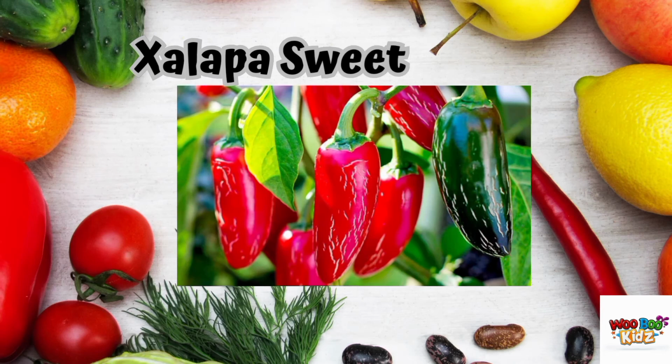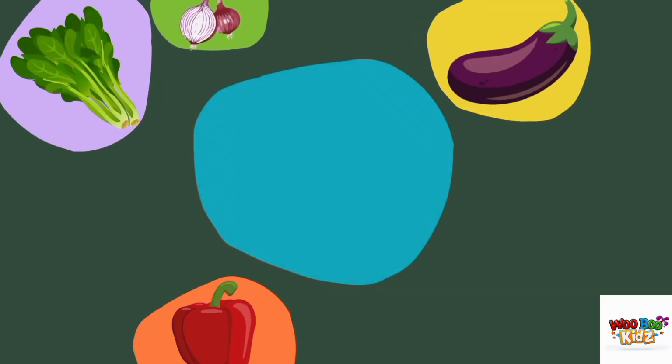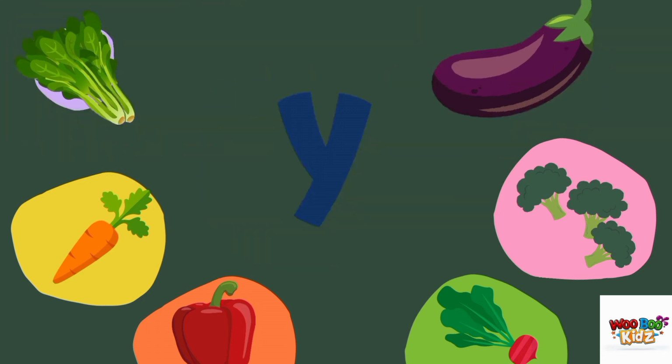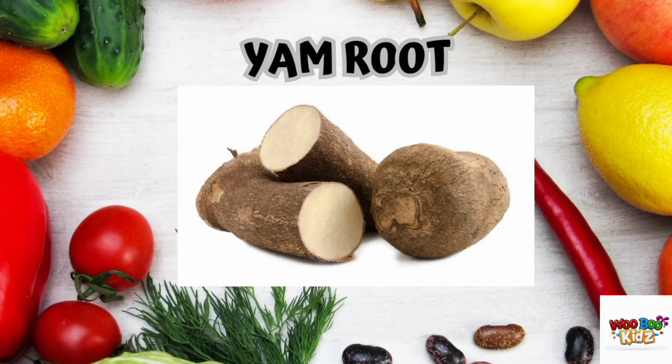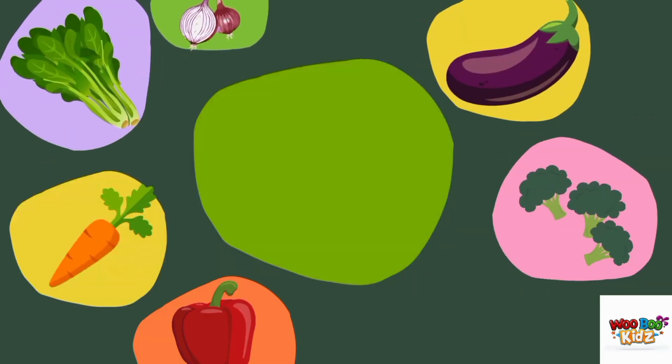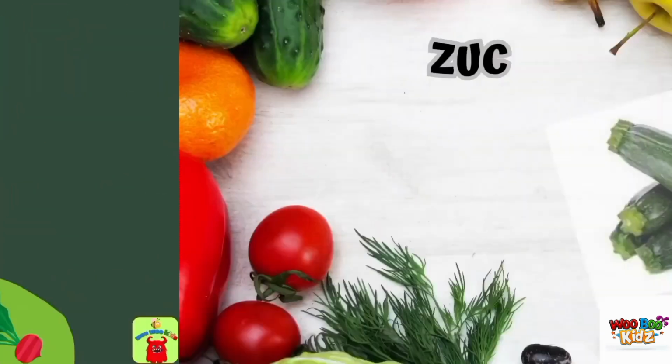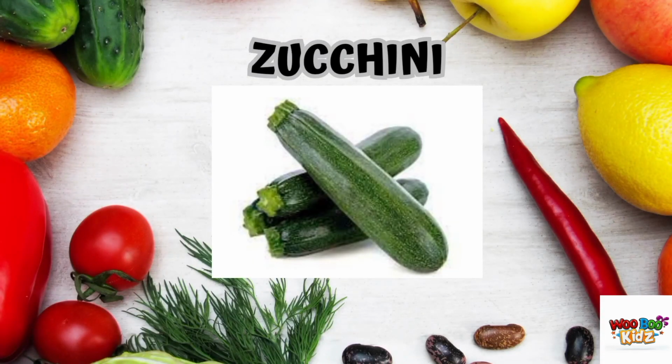X. X is for sweet pepper. Y. Y is for yam root. Z. Z is for zucchini.